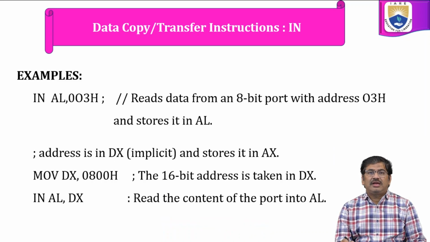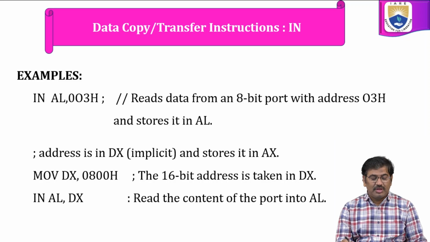Example: IN AL comma 03H. Here 03H is the address of the port. So from the IO device connected to port address 03, the contents are read and loaded into the AL register.